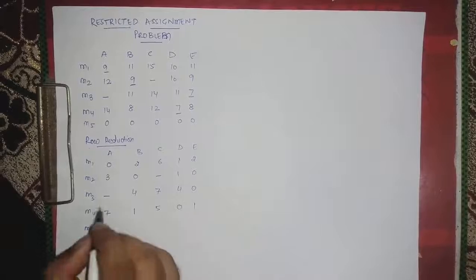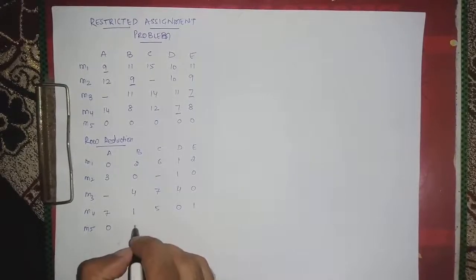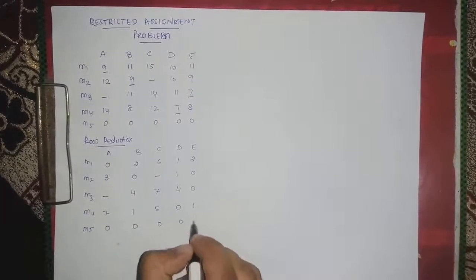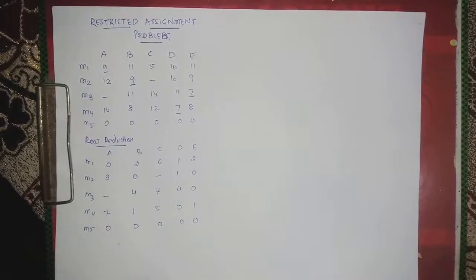Okay, and the last row will be the same. Now we do not need to do column reduction. The reason being, we have at least a single 0 in each and every column, so directly we will move towards making assignment in this table.